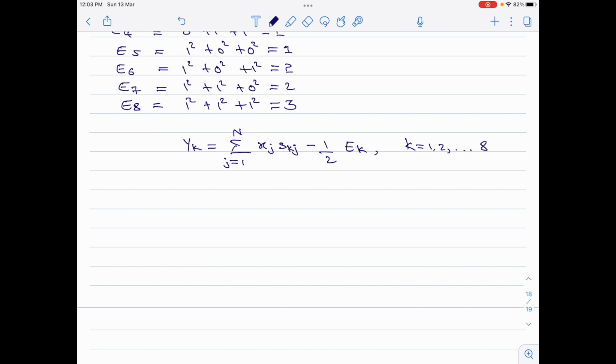So, I am going to rewrite the equation for Yk once again here. Please note, I have already explained the first component is nothing but the inner product of the vector xj and skj. Therefore, I can write this also as x transpose into sk minus 1 divided by 2 into ek. Once again, k varies from 1 to 8. This representation is a lot easier because now we can substitute the values for x and sk directly into the equation.